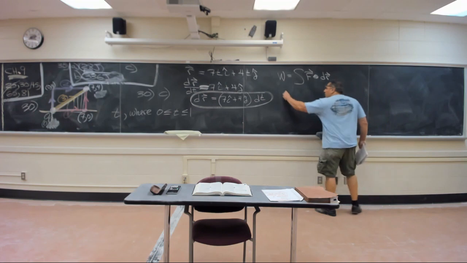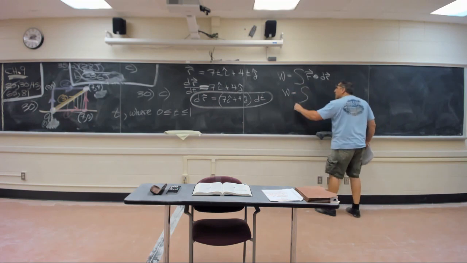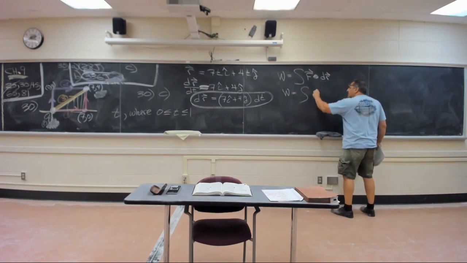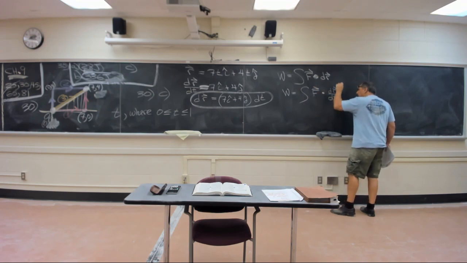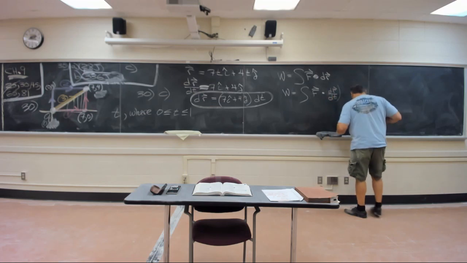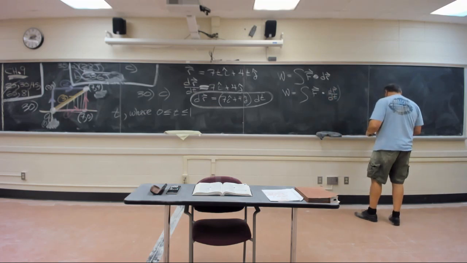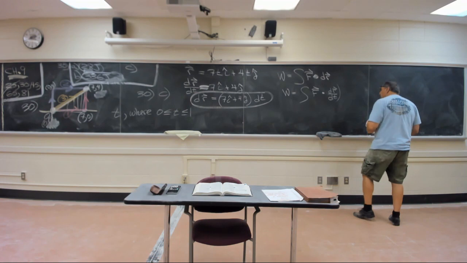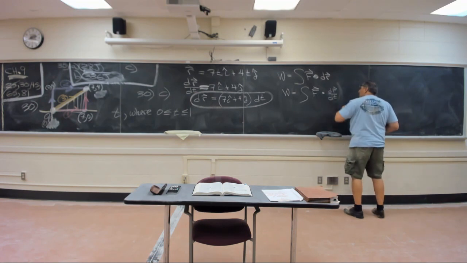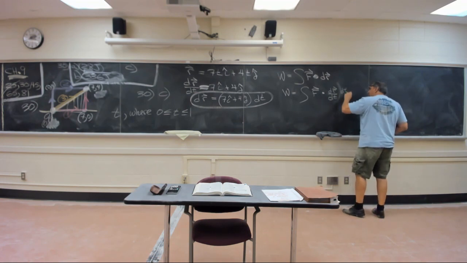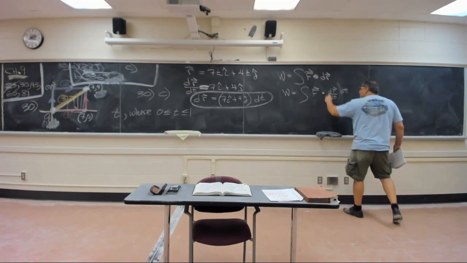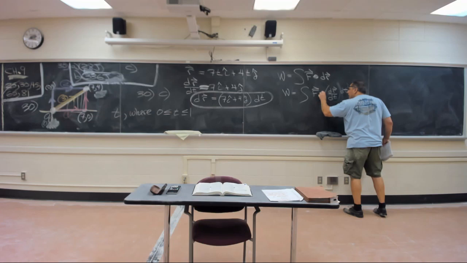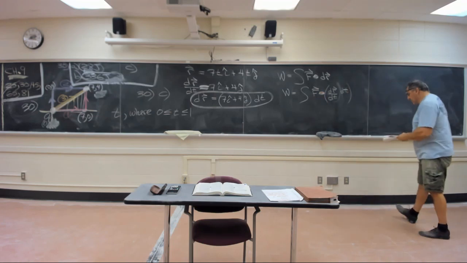Is it true this guy right here is the same as f vector dot dr vector dt dt? There's a lot of ways you can write it. I'm not sure one's better than the other, to be honest with you. But yeah, we've been there.